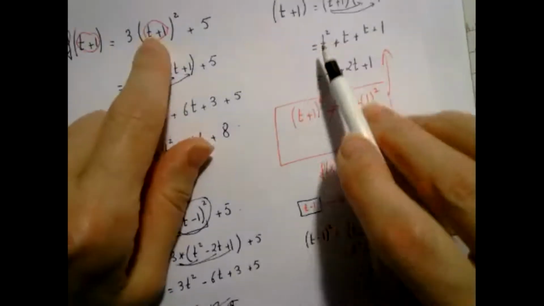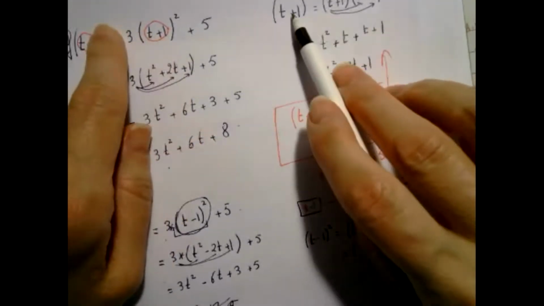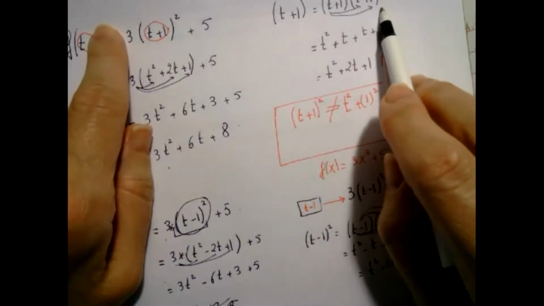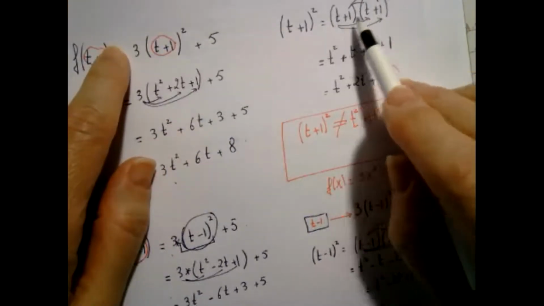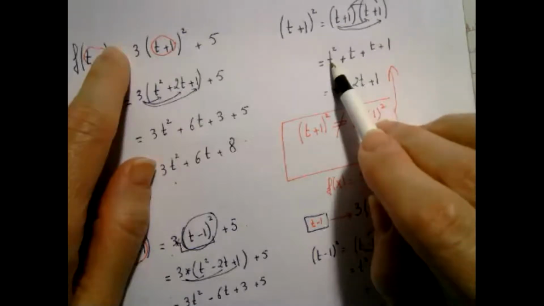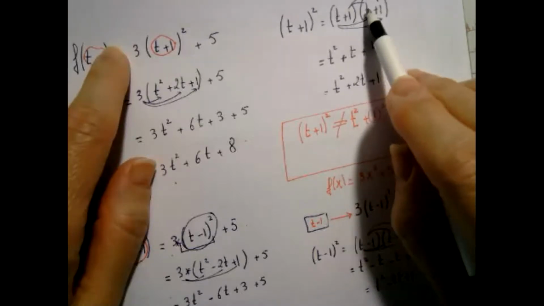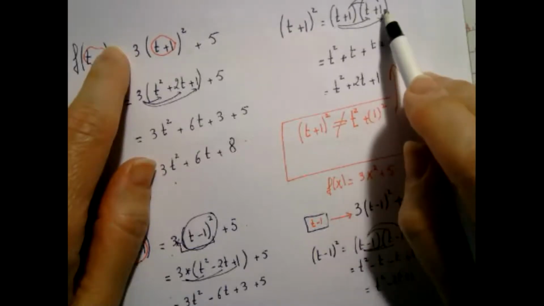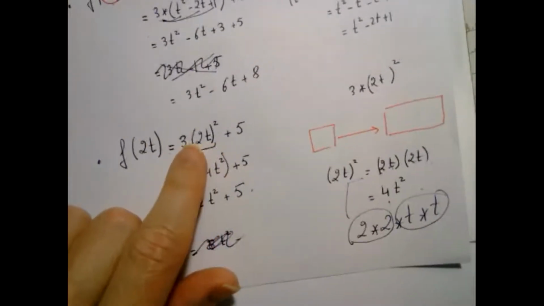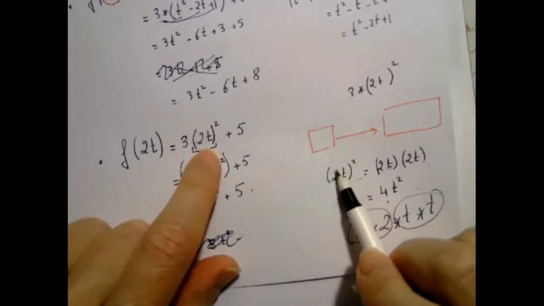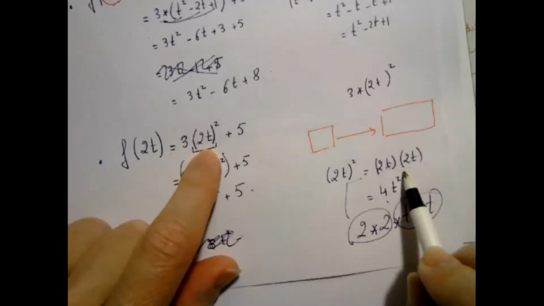When I had t plus 1, I basically evaluated t plus 1 times t plus 1. In this case, I distributed, or I FOILed, t times t, which is t squared, plus t plus 1 times t plus 1 times 1, and I got here. Here I'm doing the same, but I have a different quantity that I'm squaring. So the fact that the 2 is in there, that's the one that changes it.